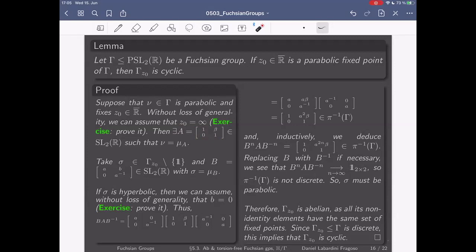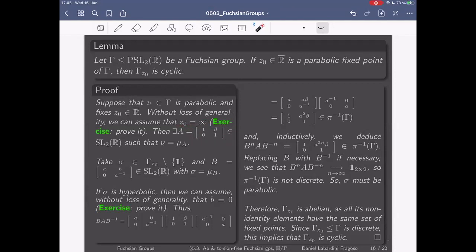So nu is the Möbius transformation associated to that matrix. Now if we take any element in the stabilizer, we already know that all the elements of this form fix Z0, so they fix infinity, and they all commute.